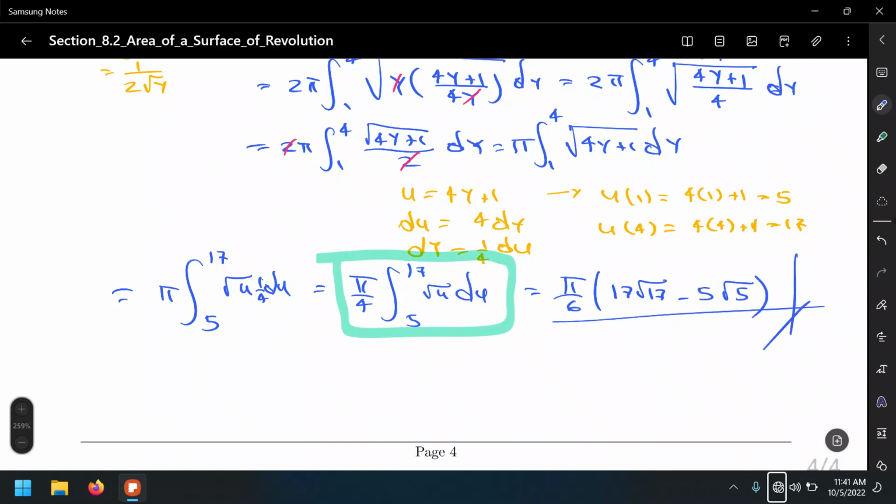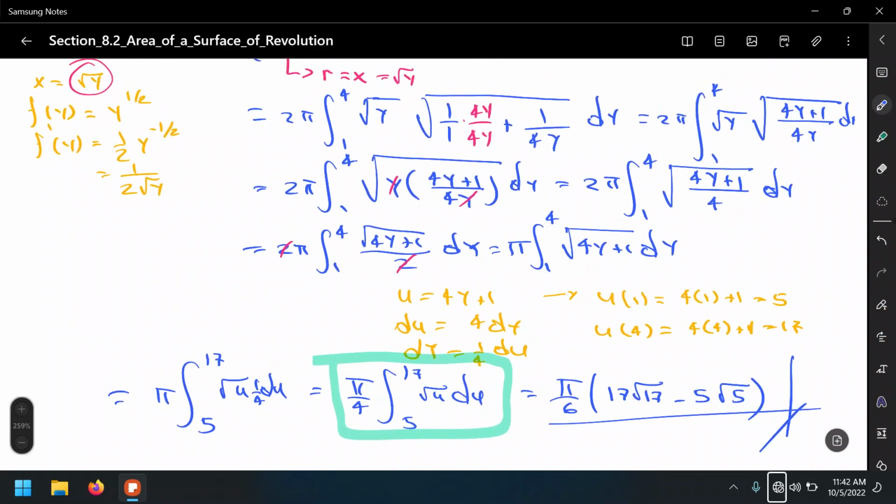Same result. The result changes, however, when you have the same region but rotate it about the x-axis or about the y-axis. That's what we saw in the first two examples: in example 1, we rotated the region about the x-axis, and in example 2, the same region but rotated about the y-axis.